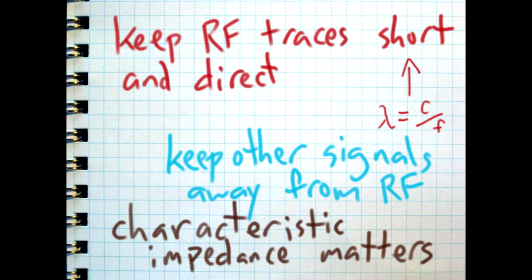And characteristic impedance matters. We talked about that earlier. Make sure you use the impedance calculator and that you follow it. And every single 50 ohm RF trace that you have should be consistent with what you learned. Now, you should route RF traces first, but of course you should route clock signals first, and you should route power first.